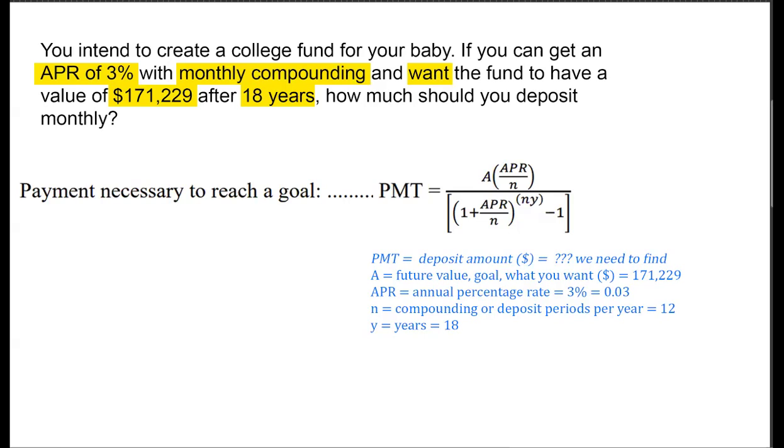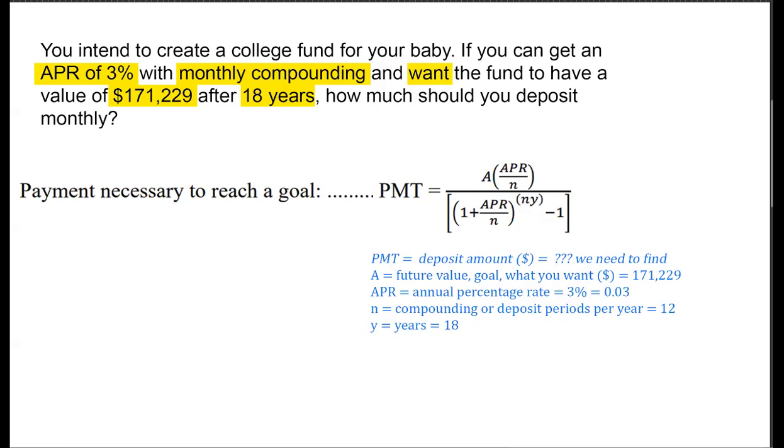APR is the annual percentage rate, which in this one is 3%, and we need this in decimal form, so that's 0.03. N is the compounding or deposit periods per year. This one specifically says monthly compounding, and since there are 12 months in a year, N is going to be 12. And Y is the number of years, and this one says 18 years.